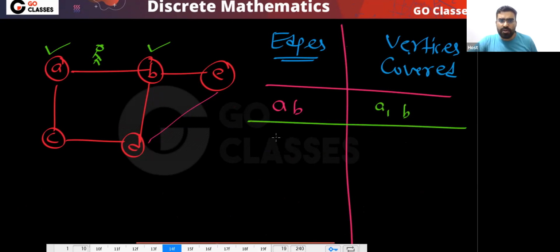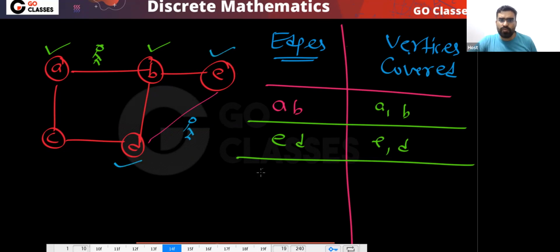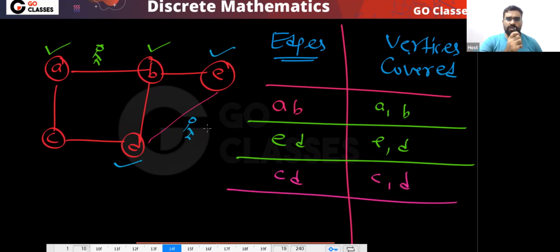If I put a security guard on the ED edge, then only these two vertices will be covered. Similarly, if I put a security guard at CD, then C comma D will be covered. So is this concept clear?